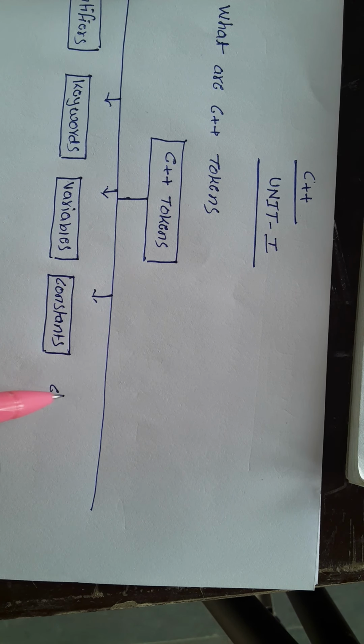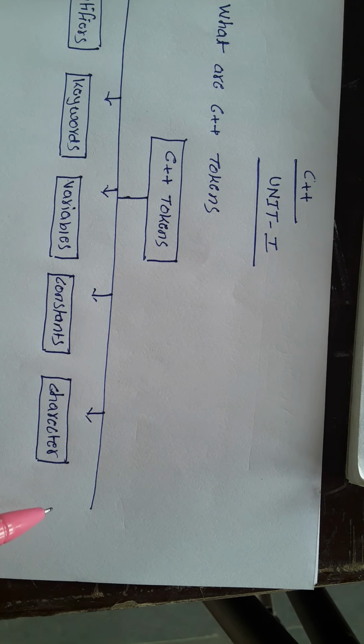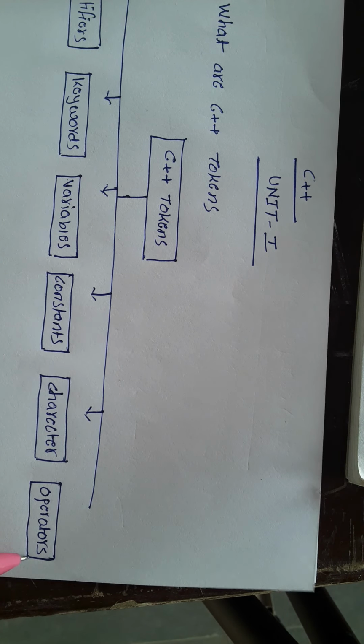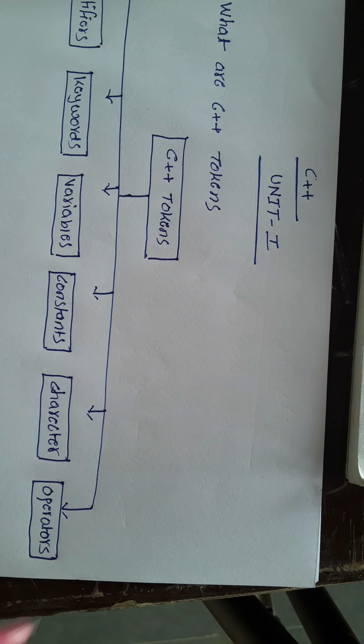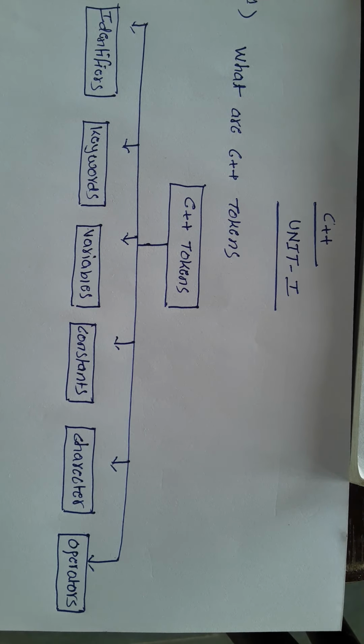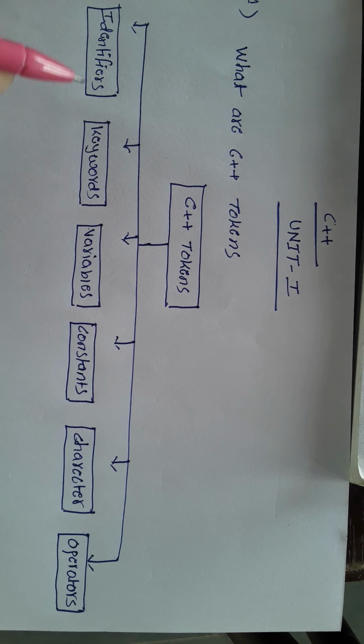Fifth, characters. And operators. These are the different types of tokens available within C++. Now we need to briefly discuss each and every token.